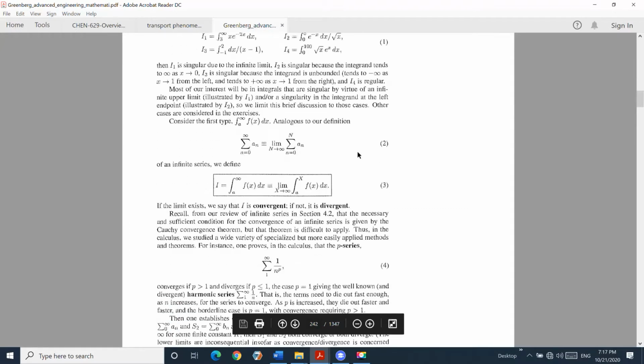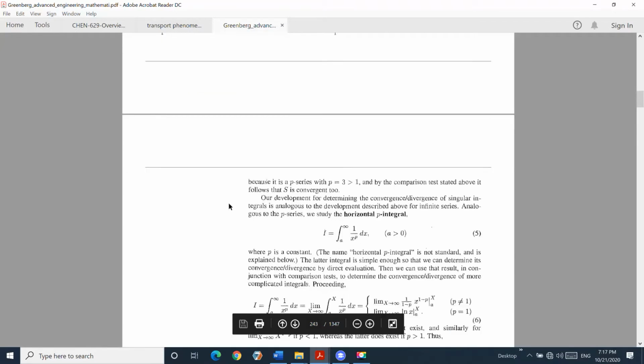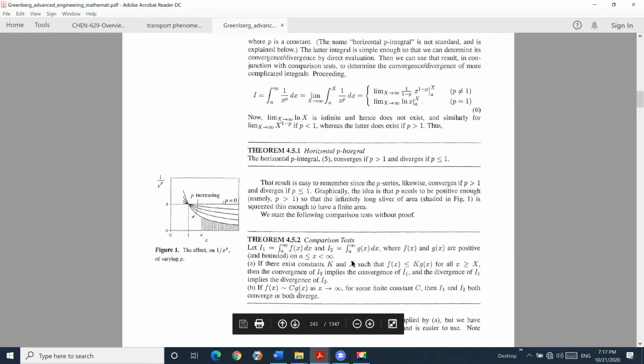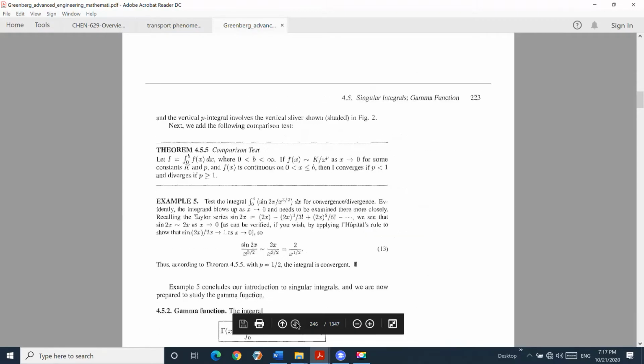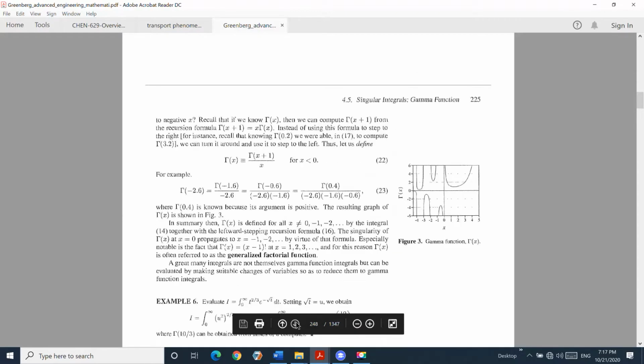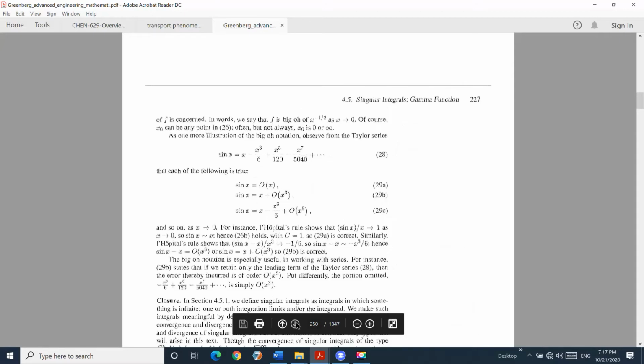Let's give you some overview of the gamma function, how to utilize the gamma function in differential equation solutions. Here it gives some basic concepts and theorems and all the necessary things to understand this section.